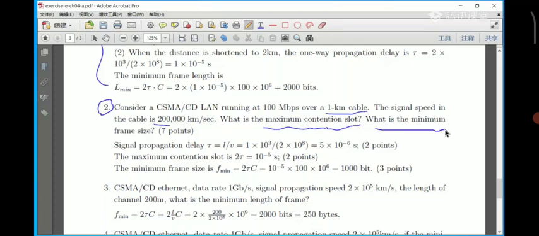What is the minimum frame size? Okay, the signal propagation delay is tau equals L divided by V. The maximum contention slot is 2 tau. The minimum frame size is L min equals 2 tau times C.